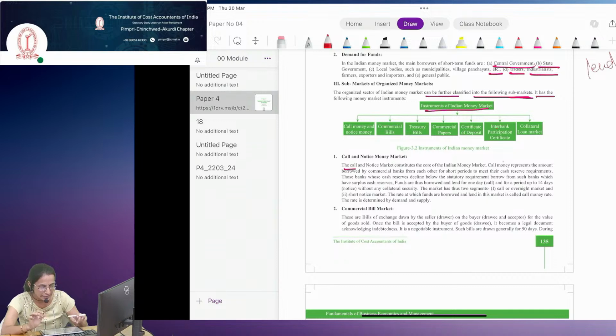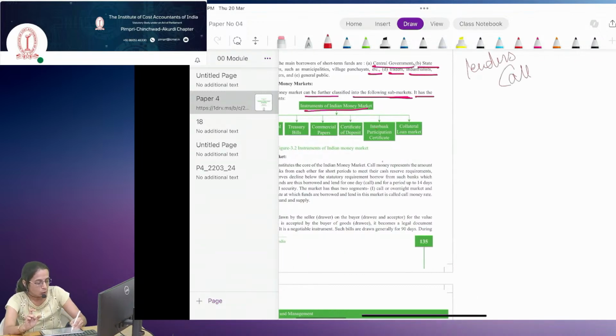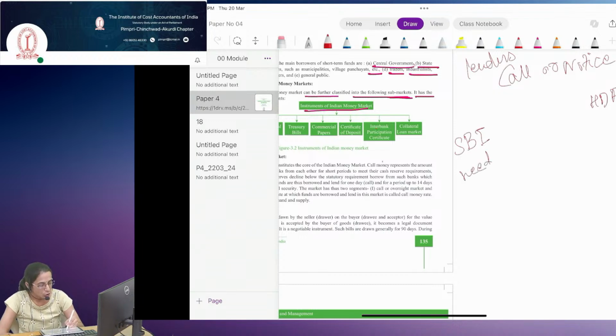See, in a call or notice market, what is happening? There are two commercial banks. One is State Bank of India, other is HDFC Bank. When the State Bank of India needs short-term money, it approaches another commercial bank, HDFC, and says, provide me cash in terms of loan for a short period, like 1 day, 14 days.